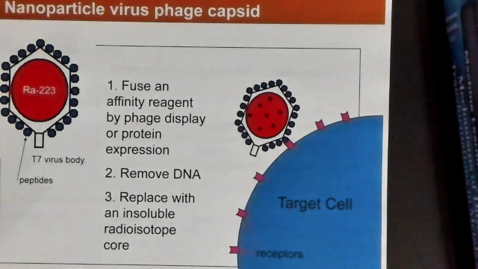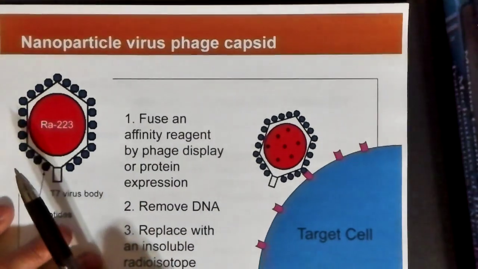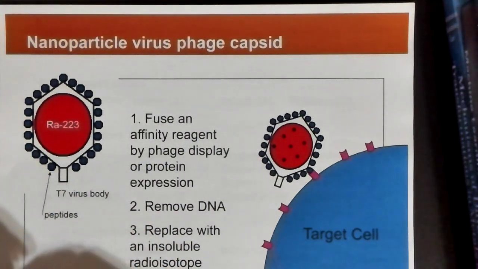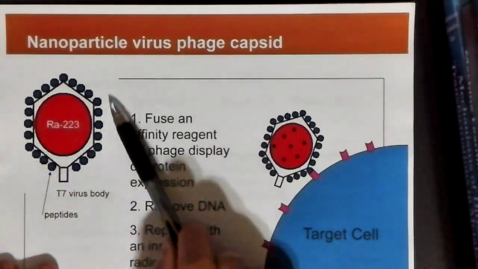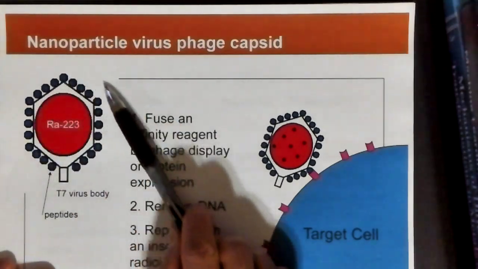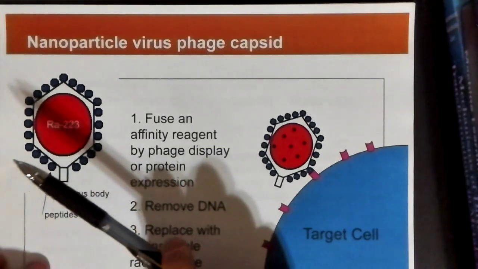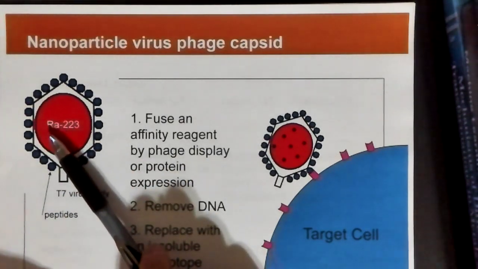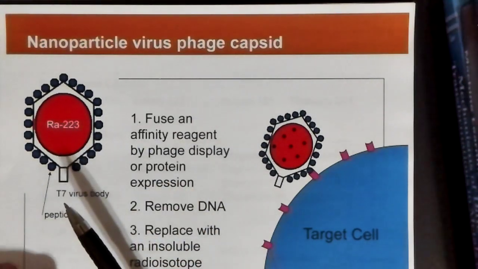Now you can do something a little bit more high-tech using viruses. We're talking all about the pandemic with viruses, but you can actually use viruses for some good. Here, this is the virus. You have the outer part, some peptides, various amino acids, and typically in the interior region you have the DNA of the virus.